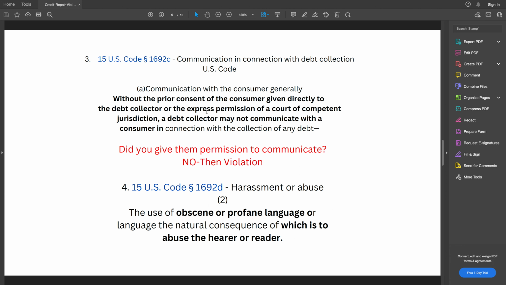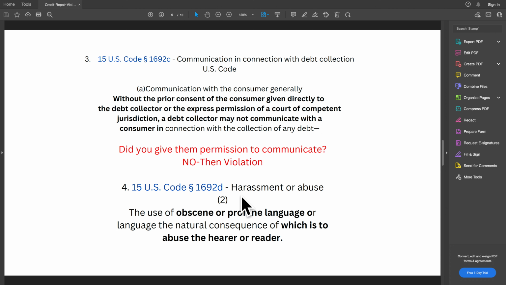If you didn't give them consent prior to sending you this letter or putting something on your credit, did they call you and say, hey, do you mind if I send you this letter? They didn't give you prior consent. Did they ask permission to communicate? No, then that's a violation pursuant to 15 U.S. Code 1692c.